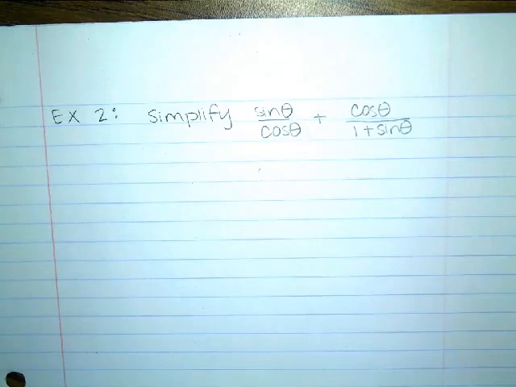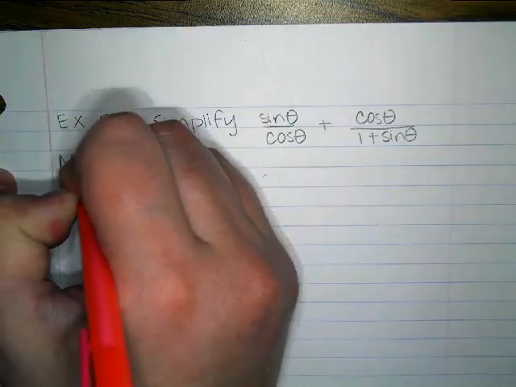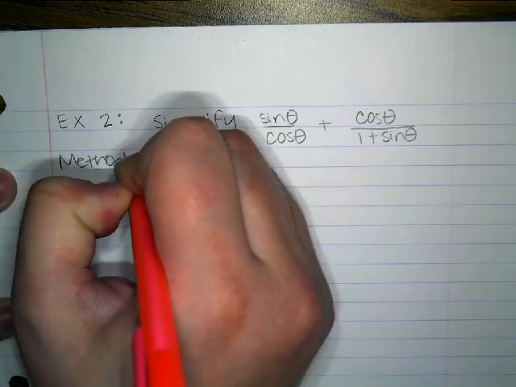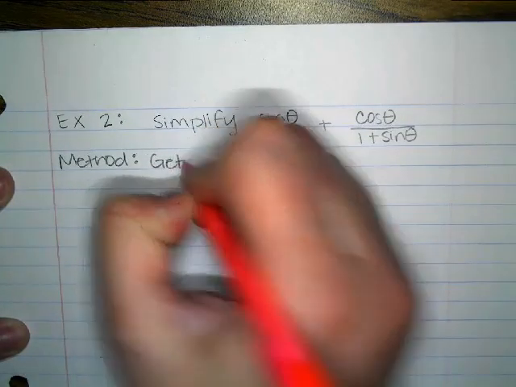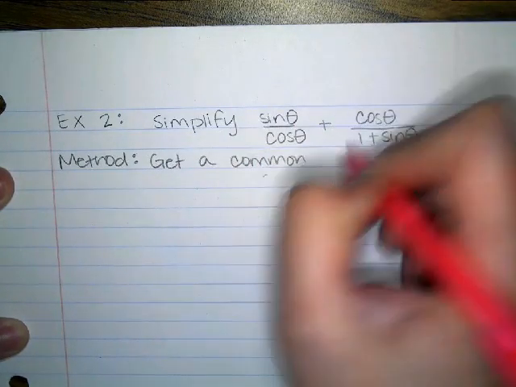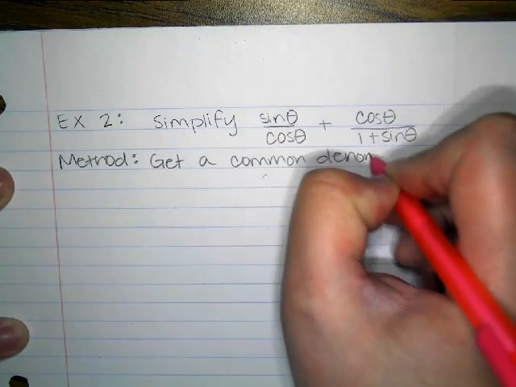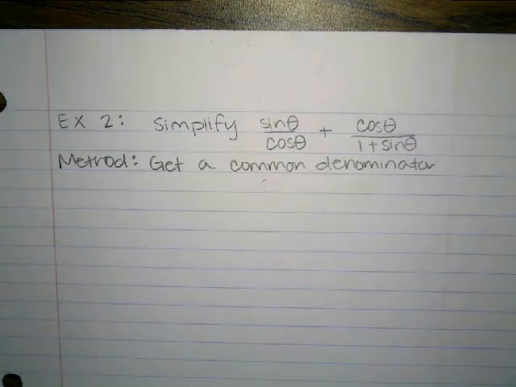Okay, so the method we're going to use here is really common for these problems, and we're going to be getting a common denominator. When you were adding fractions back in the day, if you were to add 1/5 and 1/3, and your two denominators had nothing in common, what would you say the common denominator was? 15.